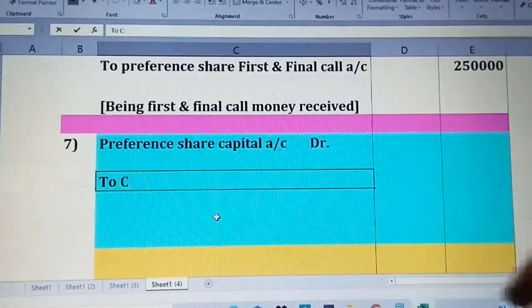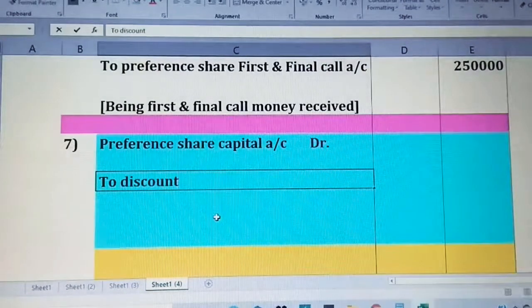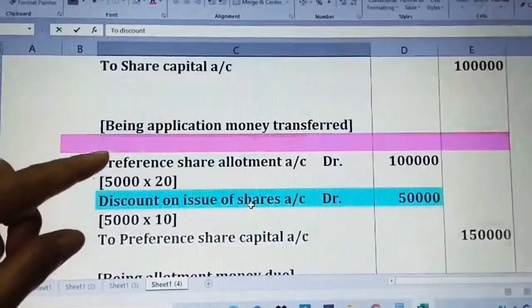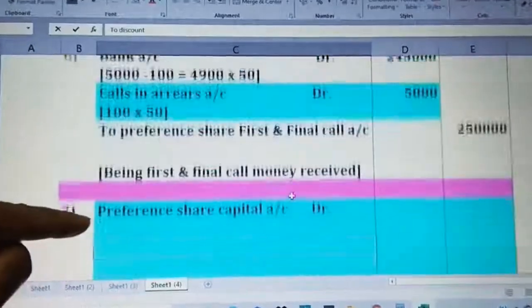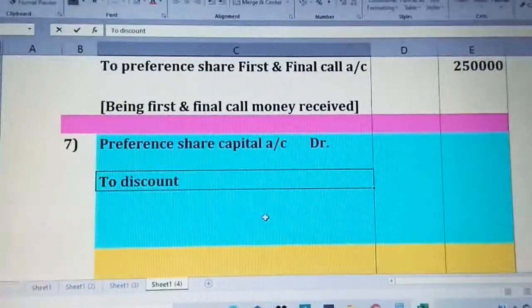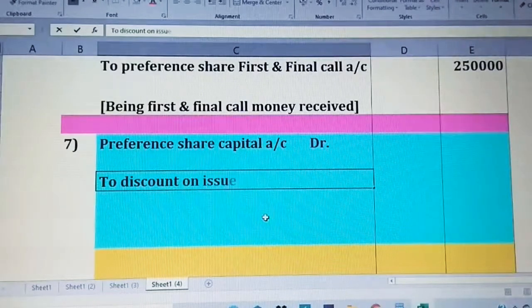We have discount here because discount is less than the face value. It is within the face value. For the face value they have given discount, so you have to show that discount, which means here you all could find in the allotment, the allotment discount is debited. So when you are cancelling under the cancellation entry, you have to credit discount on issue of shares.